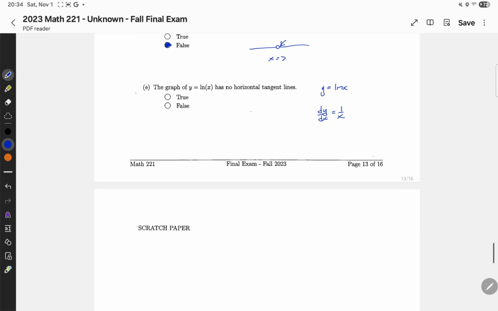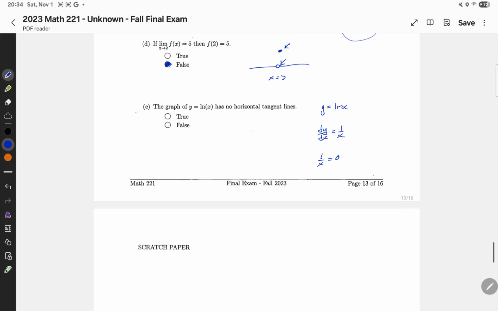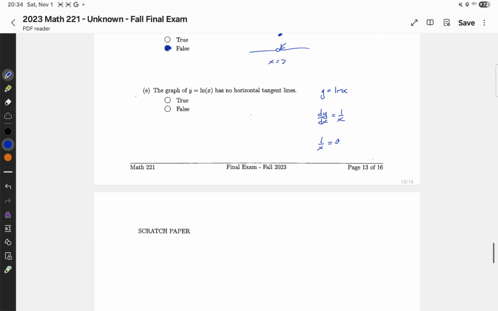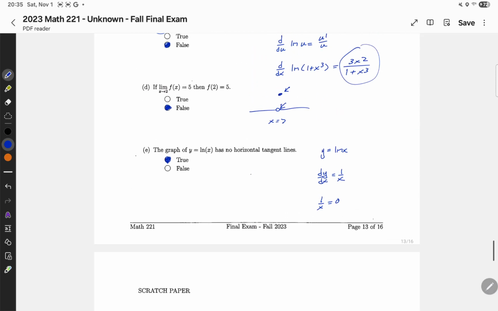Now this is going to be equal to 0. 1 over x is equal to 0. Well, when does this happen? This only happens as the limit approaches infinity, which is not a horizontal tangent line we would consider. That'd be more of an asymptote type thing. But even then, we don't have any asymptotes. We don't have any horizontal tangent lines. So this is true. No horizontal tangent lines. And that is it. If you made it this far, nice job.